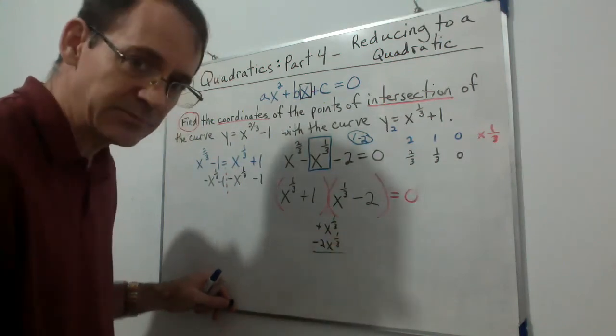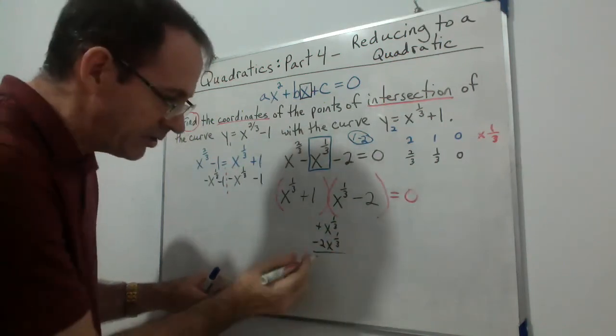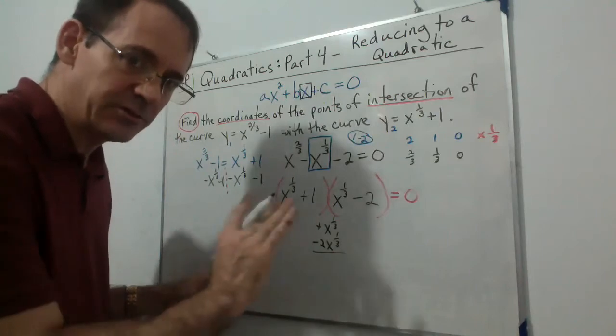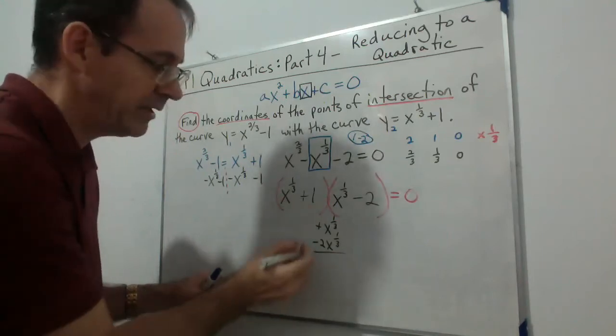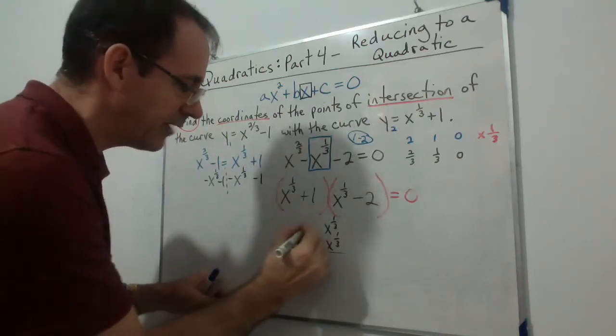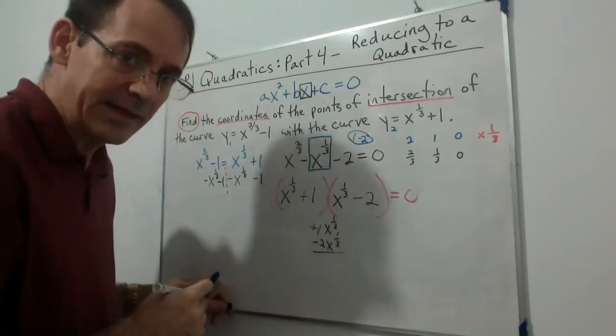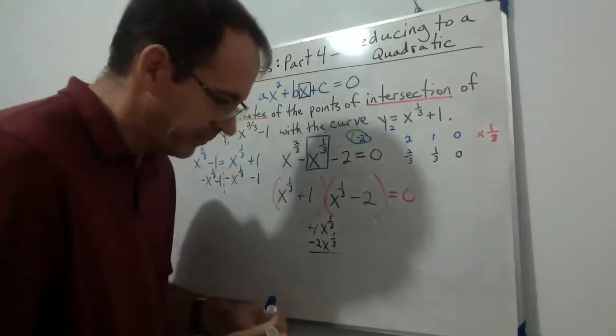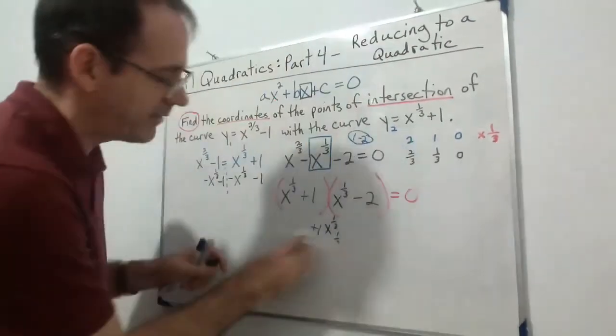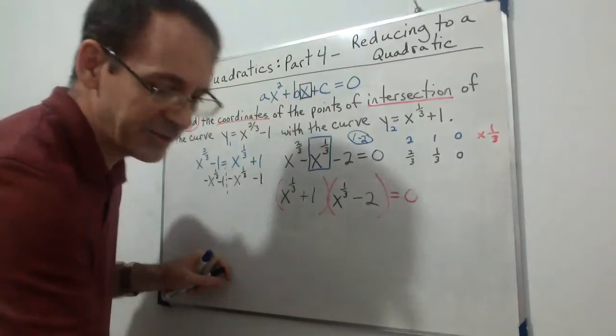These are like terms. With like terms, you only combine the coefficients. You don't touch the variable and exponent. You only combine the coefficients. So we have a +1 with a -2, which does give us a -1. So this checks, and we now have our factoring set up.